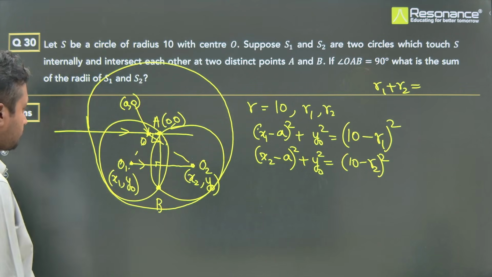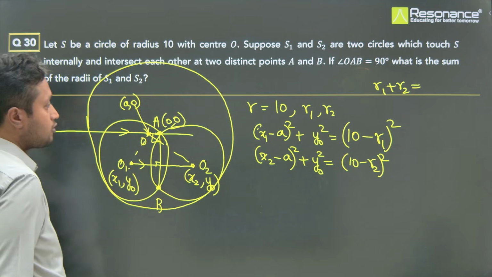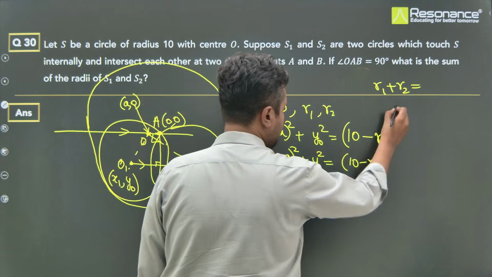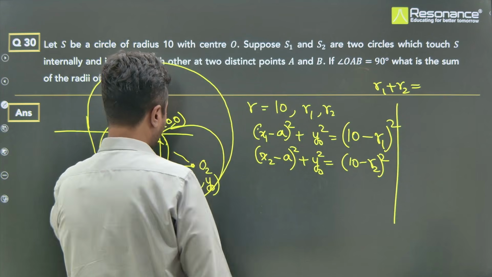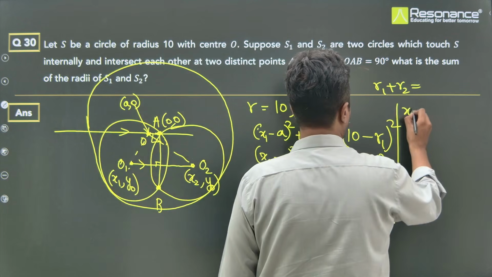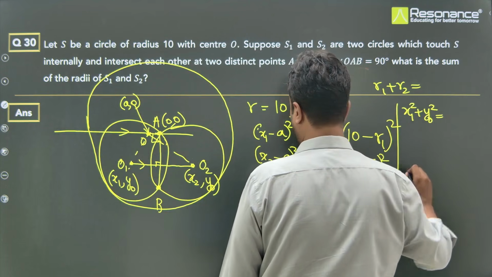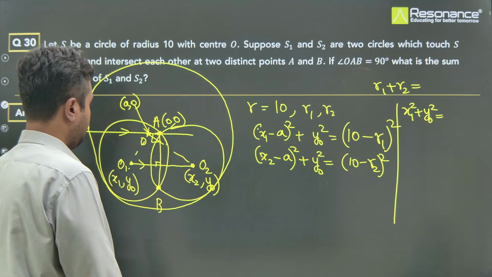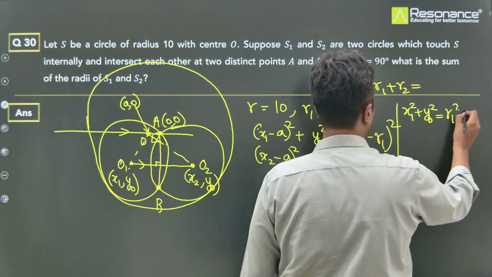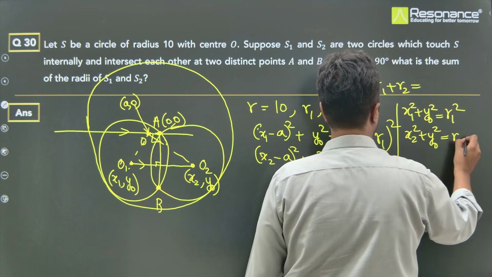And also, we need to catch this one, that A lies on both the circles. So how do we catch that? So the distance between A and O1, that is x1 square plus y0 square, is equal to r1 square, and also x2 square plus y0 square is r2 square.